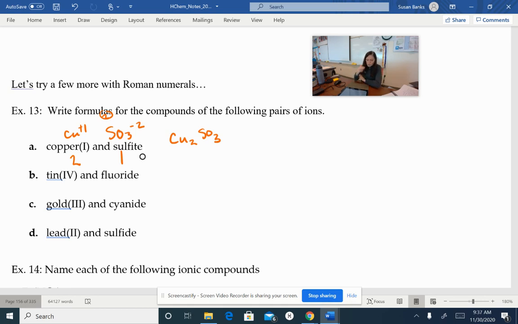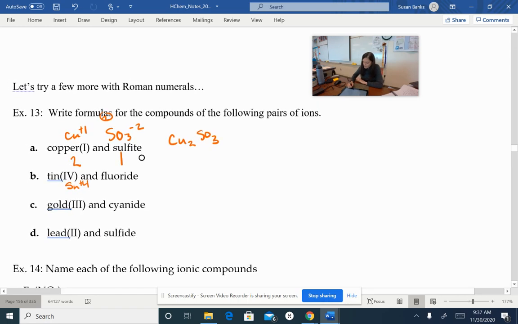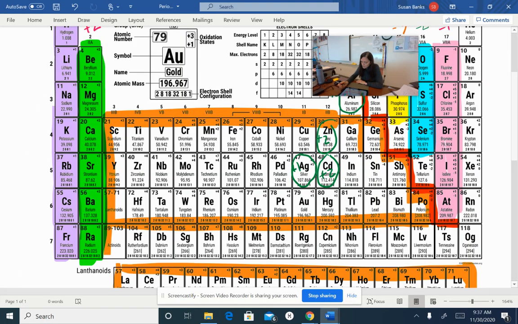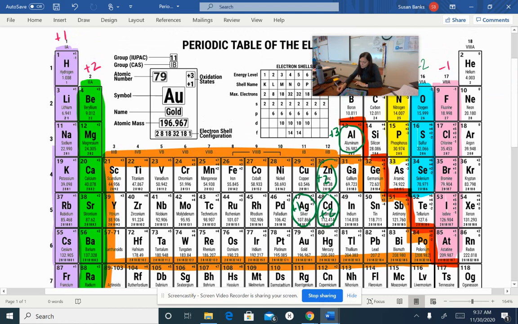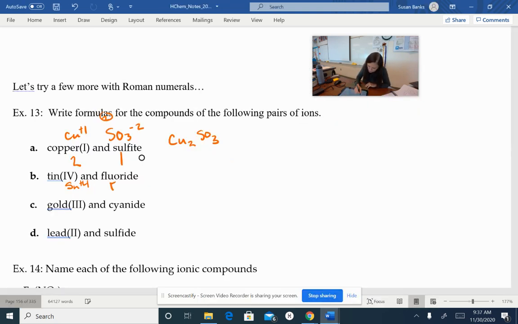Okay, tin 4. So we know that tin here is a +4. Fluoride, we are using fluorine. So if I look at my periodic table, fluorine is right here. It is a -1. So here we go. Fluorine's a -1.